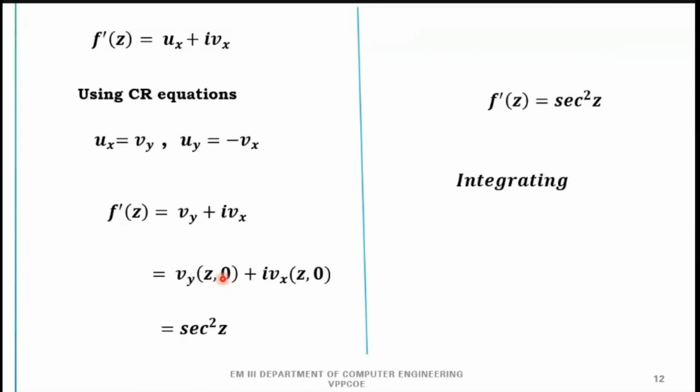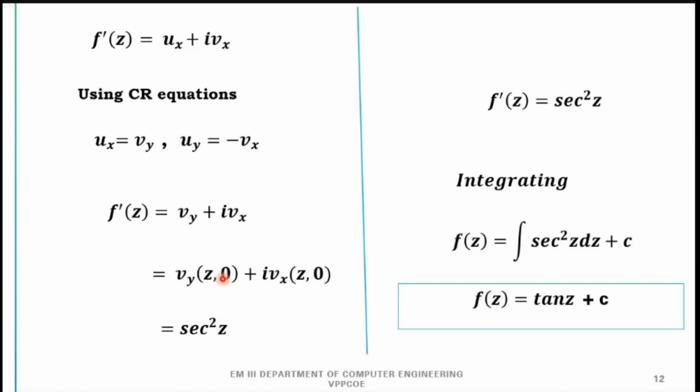Therefore f of z will become tan z plus c. So tan z का imaginary part is the given function. Okay, tan अगर x plus iy हम करेंगे ना, and when we multiply and divide by the conjugate and all those things, we will get that as the answer. Tan z का जो imaginary part है, that is the given function.